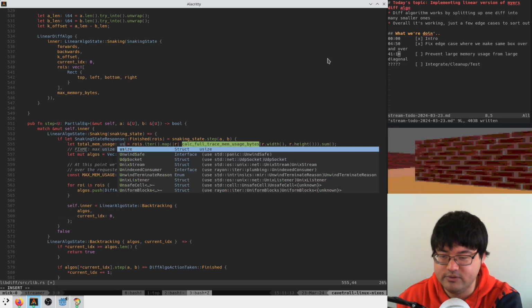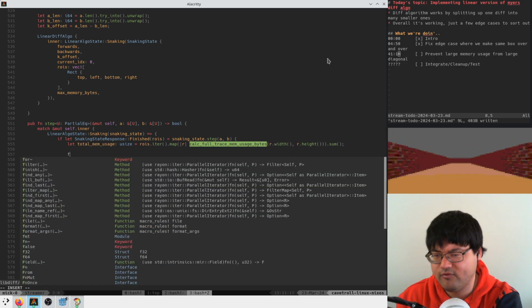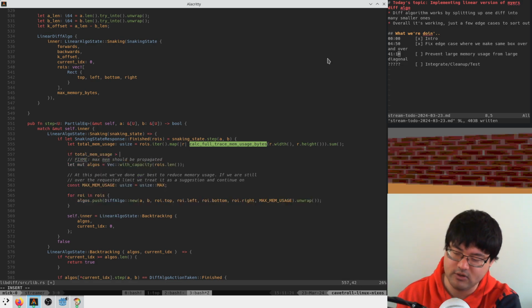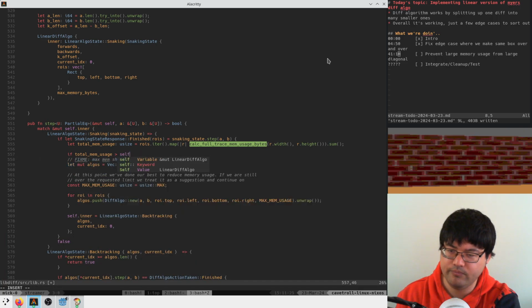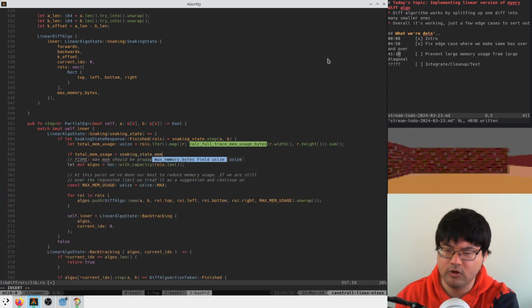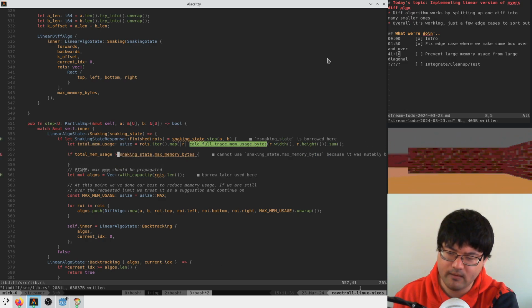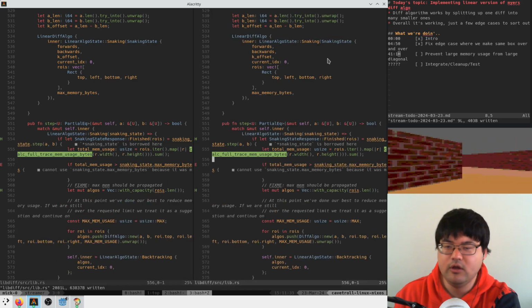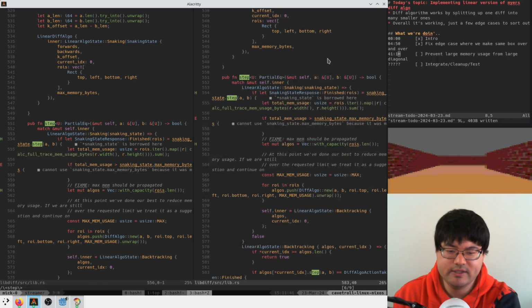And here we're going to call this a usize like this. And then we can say if our total mem usage is greater than the suggested or requested, if it's greater, then I guess this will return an error.